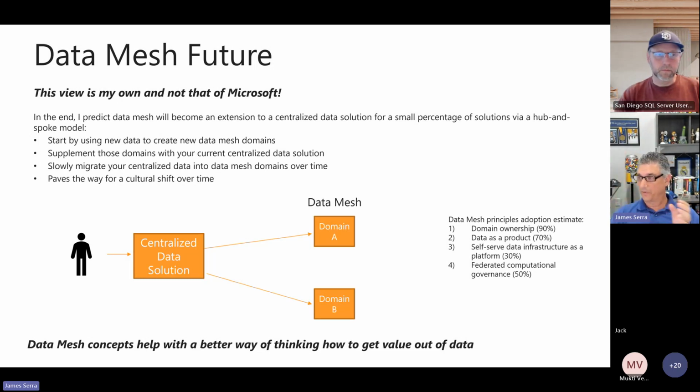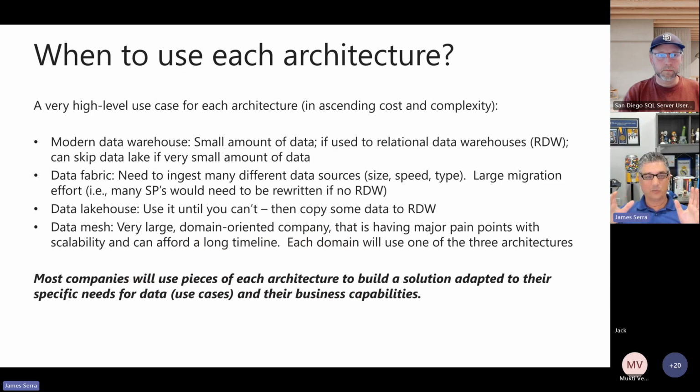All right, so the final slide is when to use each architecture. This is where I tell customers there are always exceptions to these architectures based on your size, the speed, and the data. So modern data warehouse, with both a data lake and a relational data warehouse, still could be used if you have a small amount of data, and if you're just really used to a relational data warehouse, even to the point where I've seen some customers don't even bother with the data lake.